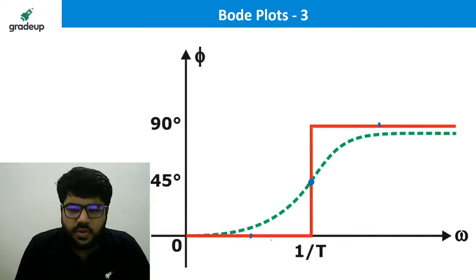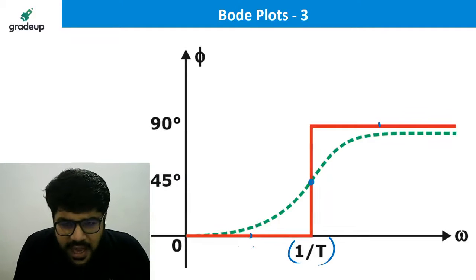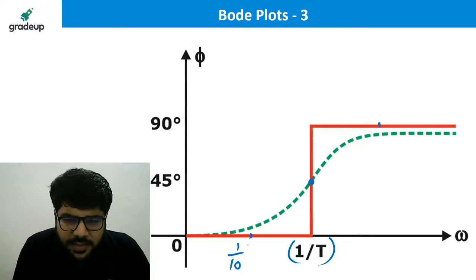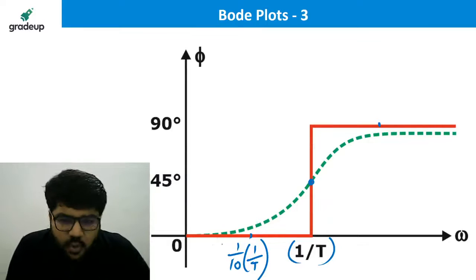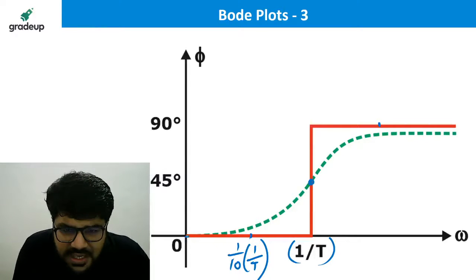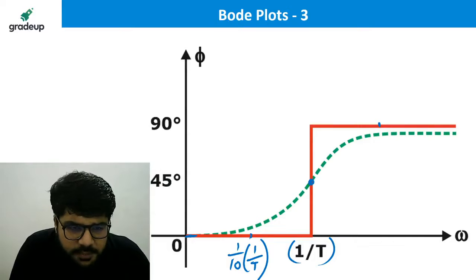So this is my corner frequency, and up to 1/10 of whatever may be the corner frequency, which numerically we will see in the questions, follow the low frequency asymptote. So follow this with me.